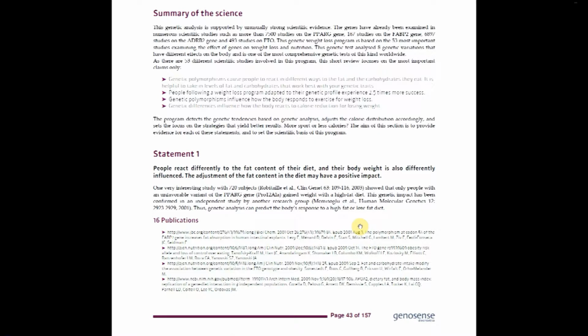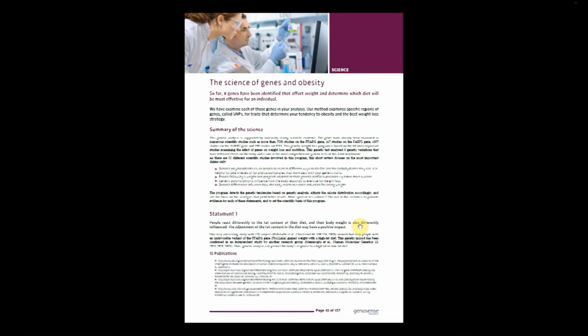This is the publication, and they showed that only certain people gained fat and gained weight and so on. And down here are 16 scientific publications, the 16 best, I have to say, there are hundreds, that show what we're talking about. So in case you're interested, this is what we claim, and this is the science we're basing it on. And there are always replication studies.